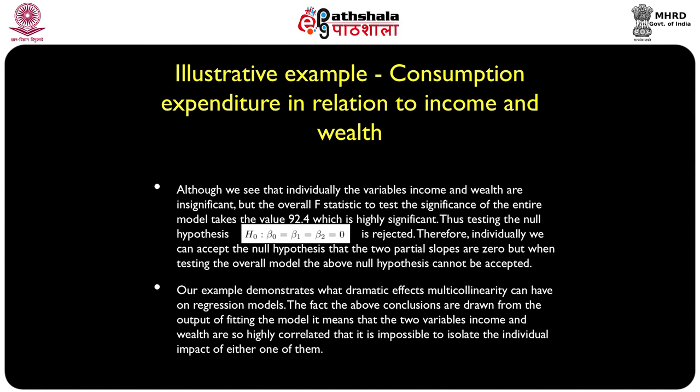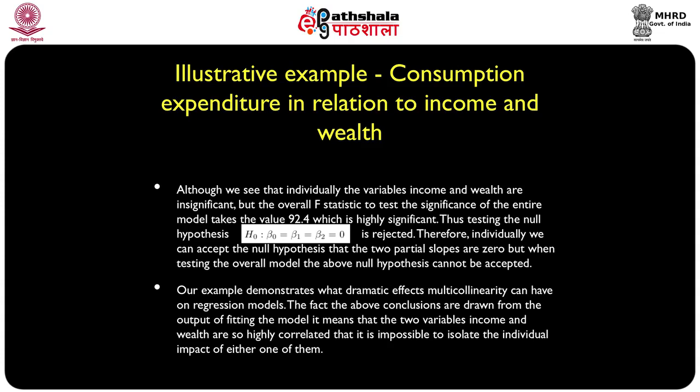Now, although we see that individually the variables income and wealth are insignificant, the overall F statistic, which is also shown in the R output to test the significance of the entire model, takes the value 92.4, which is highly significant. Thus, the null hypothesis H naught, that beta naught equals beta 1 equals beta 2 equals 0, is rejected.